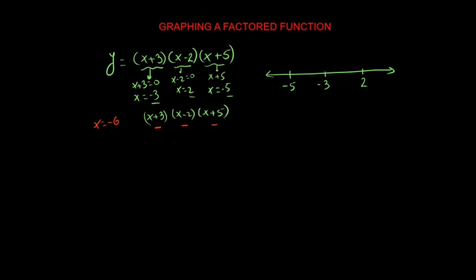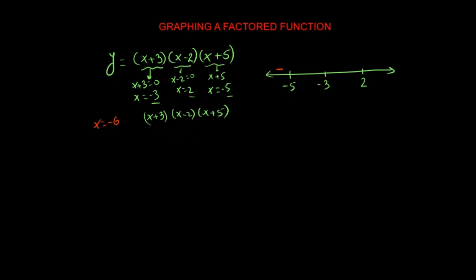We know that a negative number multiplied by another negative number is positive. And this positive multiplied by another negative number gives you a negative value. So this segment will be a negative value, right? Negative.